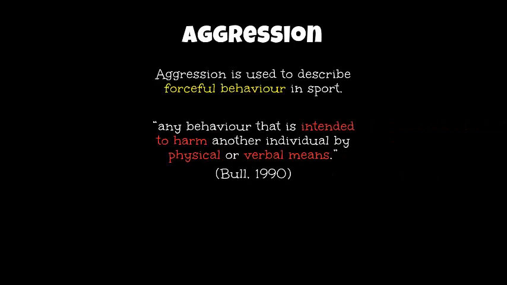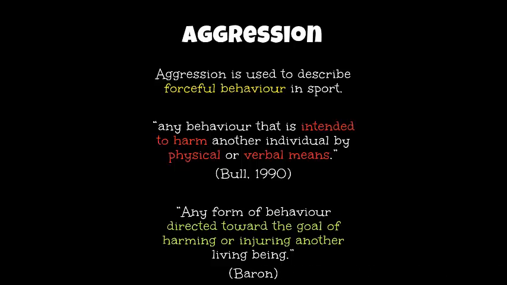And there's a couple of definitions given by some famous authors here. This one's by Ball, and he describes aggression as any behaviour that's intended to harm, which is a key point, another individual by physical or verbal means. So it could be by pushing or punching or moving someone, or by shouting using various words or phrases.